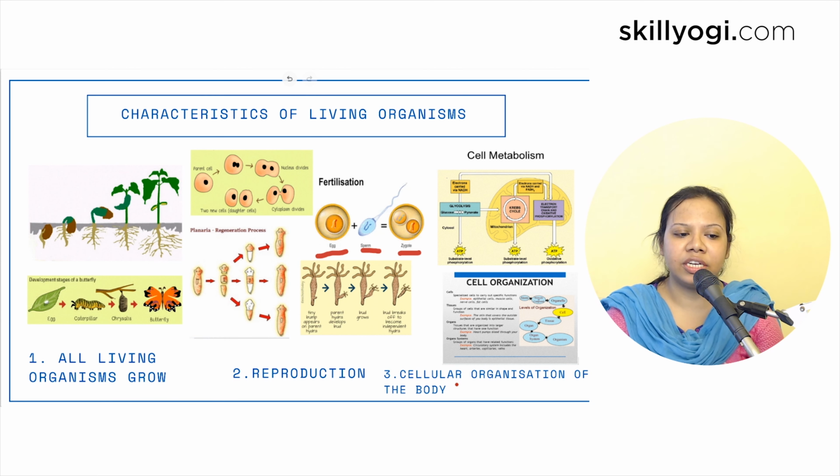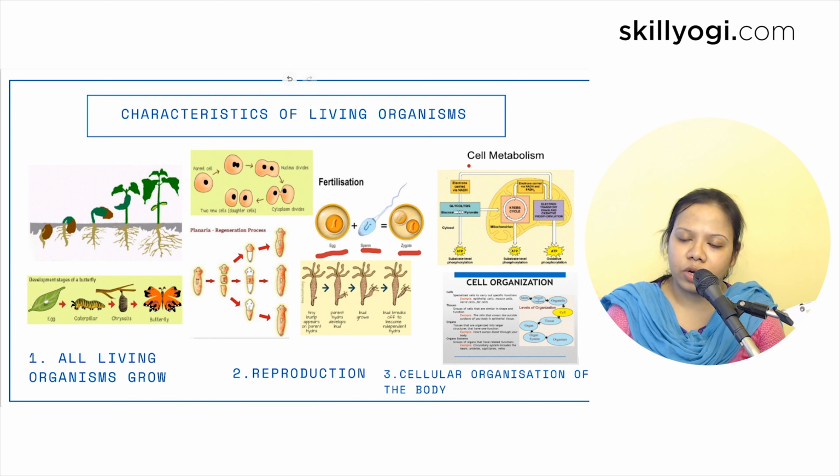And the third one is the cellular organization of the body. We know that the cell is the structural and functional unit of the living body. All living organisms are made up of cells.